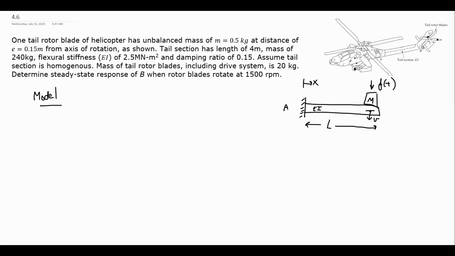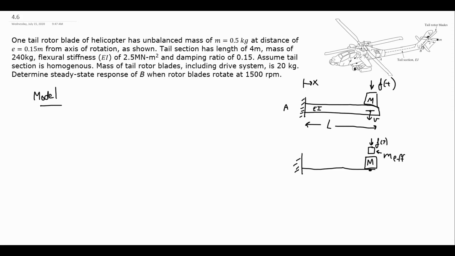Okay, so in our modeling steps, where we want to go is, because we are going to be compensating for the mass of the beam, I'm going to go one step down and say I want an equivalent massless beam where this heavy mass is going to be on the end. I'm still going to be applying this force to it, but I'm also going to have this M effective at that same location.